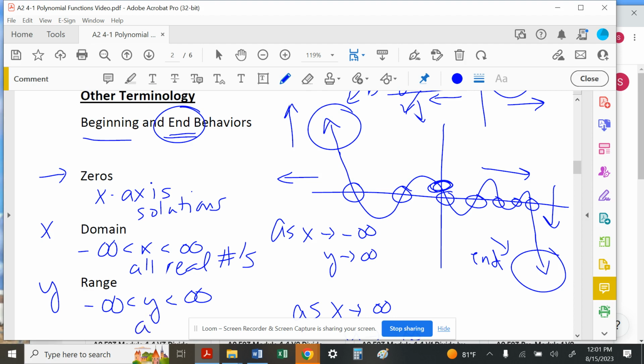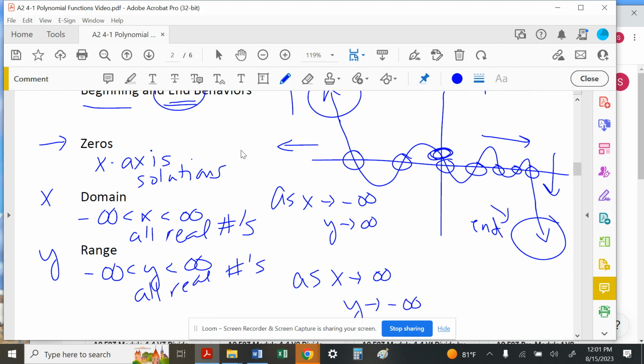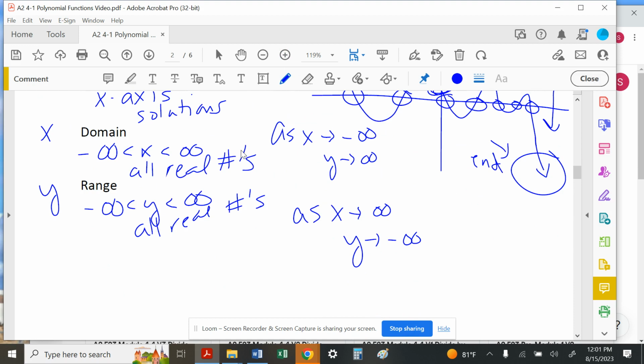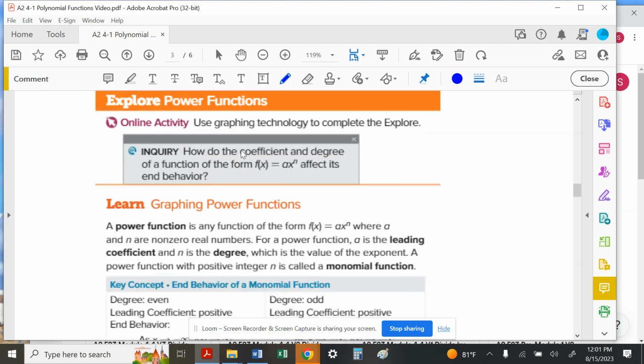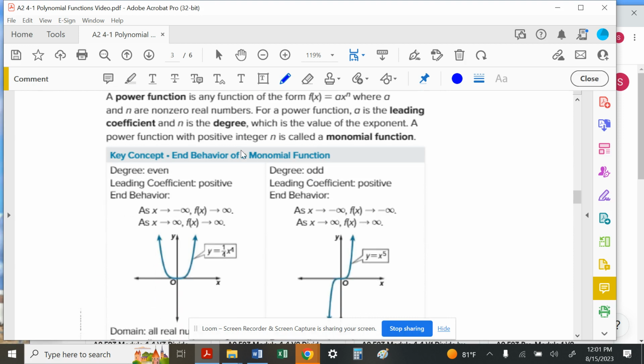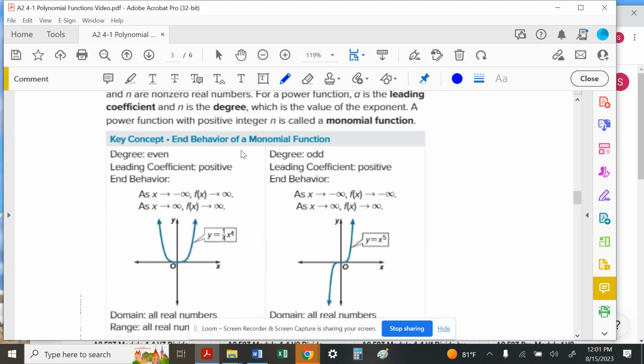This is also all real numbers. Just for this example. Again, this example is just one example. We'll do other examples as well. Okay, so that takes care of that. Those are all the definitions, and that's what we talk about here. So I just want to kind of go into that a little bit. So you'll notice that if the degree is even, so notice here we have y equals 1/4 x to the 4th.